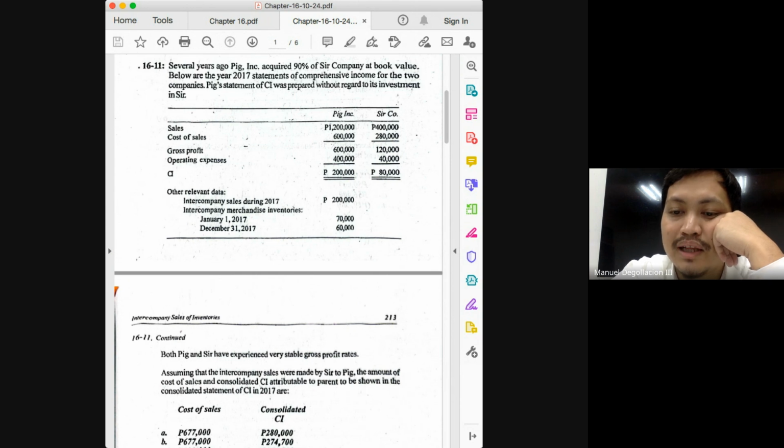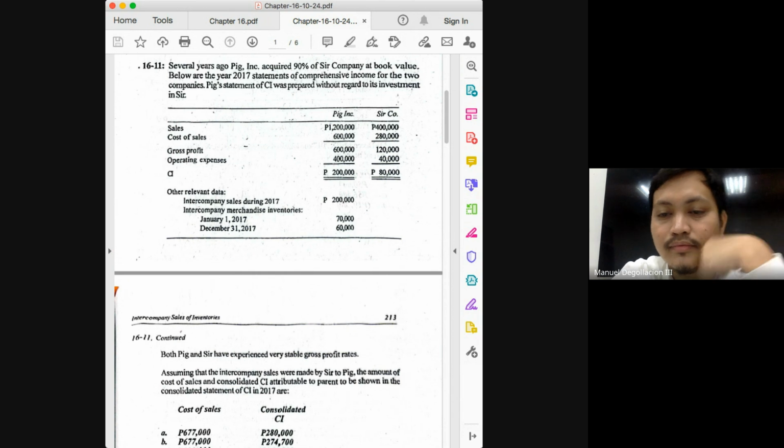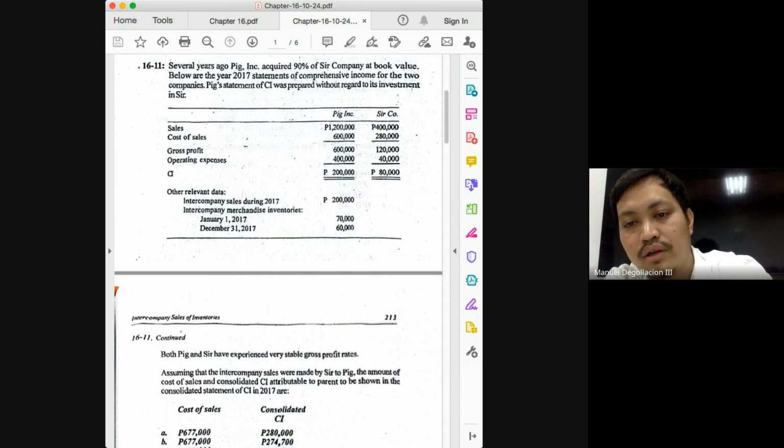So the inclusion of that amount in the amounts reported by either the parent or the subsidiary is considered a misreporting in the eyes of the consolidated entity. If we will not remove the 200, there will be a double recognition of the sale of these merchandise. So deduct the 200.